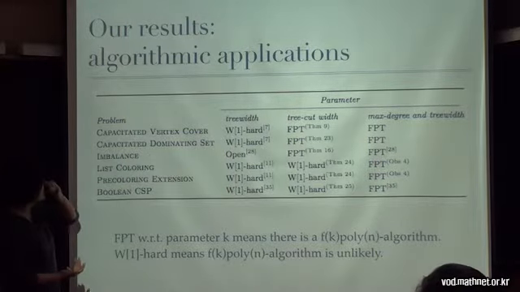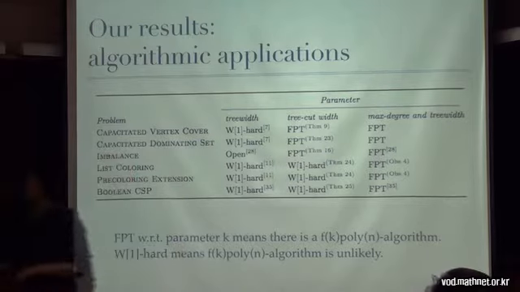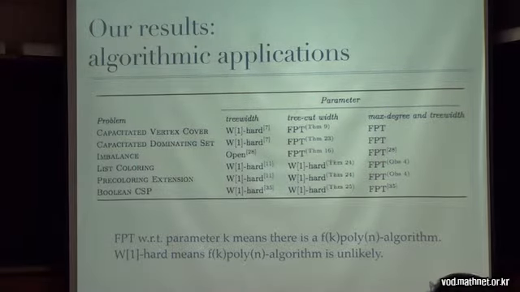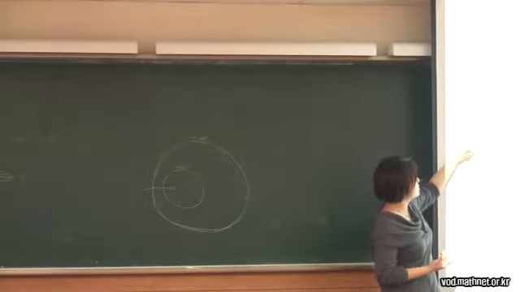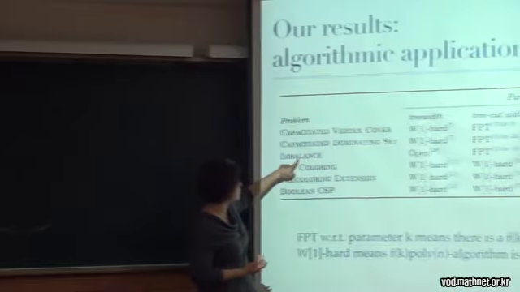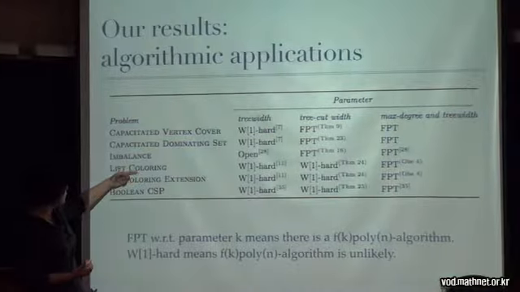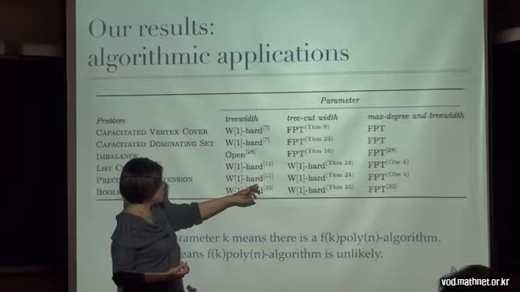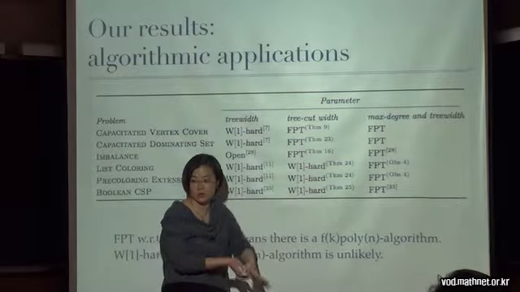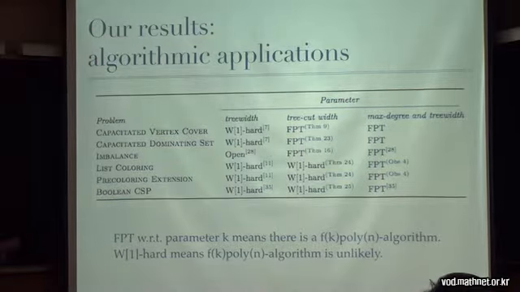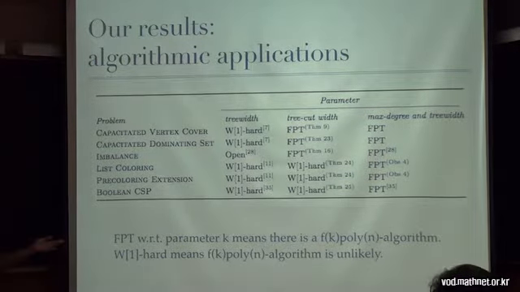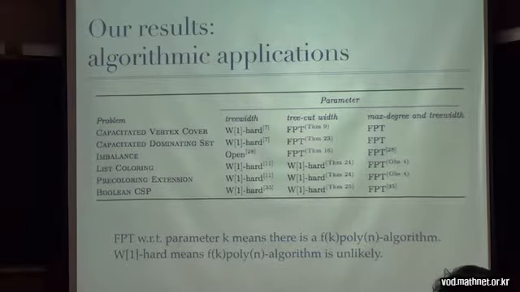And our result is that while the problem may be hard on these instances, it may become tractable on these instances, for the first three problems: capacitated vertex cover, capacitated dominating set, and imbalance. And there are also some examples which are again hard on these more restricted graph classes. So it means that this width really is different from tree width in its algorithmic behavior.